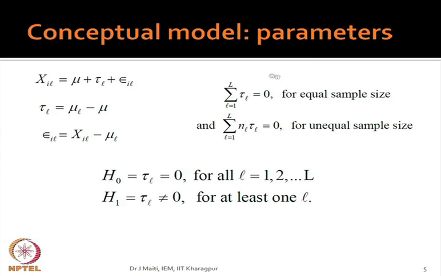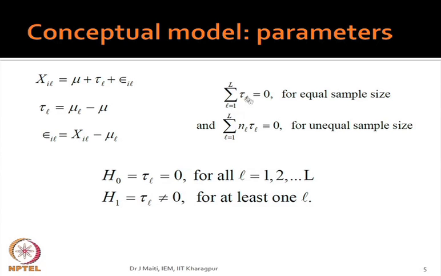Here on the right hand side, there are two conditions given. One is the sum over l equal to 1 to L of tau l equal to 0 for the equal sample size case. That means when you collect samples of the same size from the three populations, or L populations, you will find that the total effect will be 0.